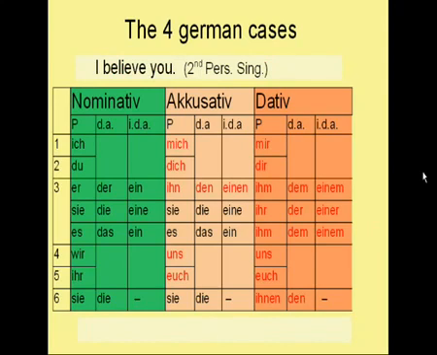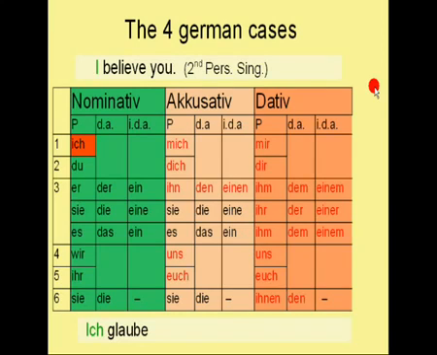Let's take another example, for instance the sentence I believe you, with you meaning the second person singular. So which one is the subject of the sentence? It's I, which is the German personal pronoun ich. Therefore the sentence starts with Ich glaube, with glaube being the conjugated verb.